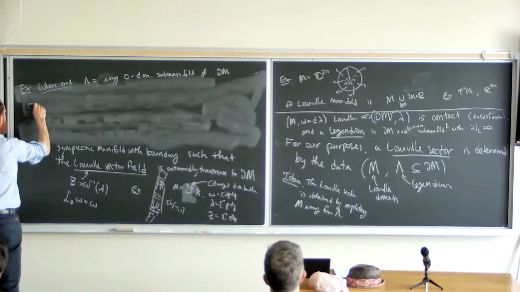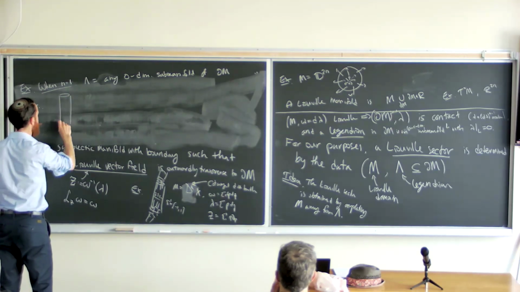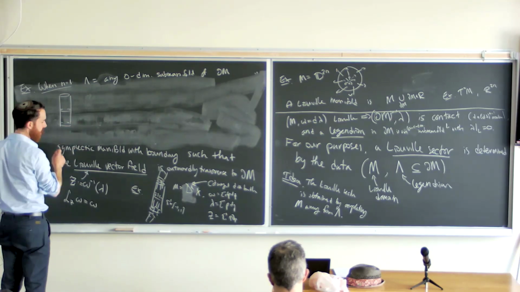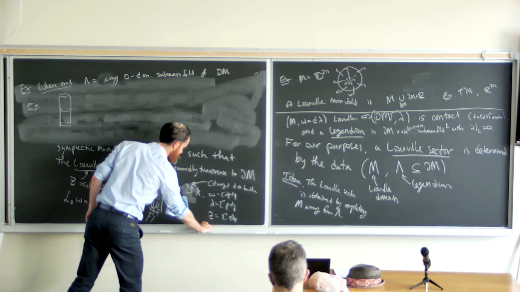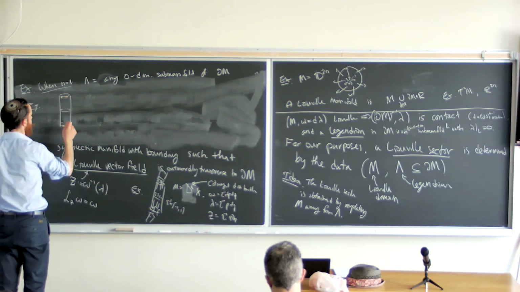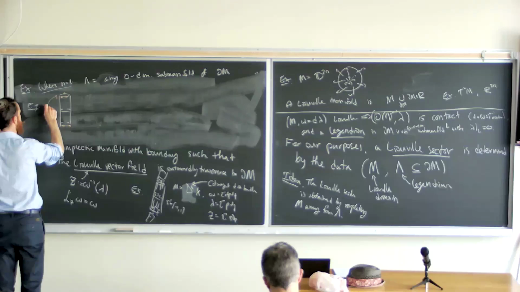So e.g., I had this case of T star S1, which is my favorite one-dimensional symplectic manifold, and I can just take lambda to be some collection of points in the boundary. So this is my lambda.